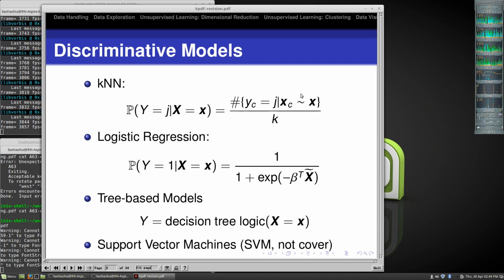Let's say it's a binary response, so it's either 0 or 1. If K equals 3, and we have two 1s and one 0, then the probability of getting 1 would be higher, so we will determine the new data to be 1. So this is KNN.